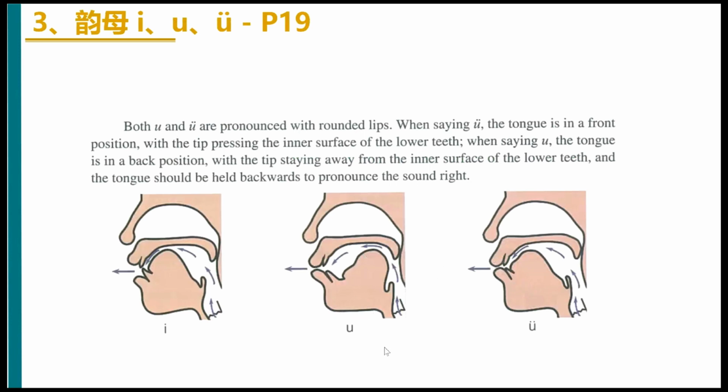And for u, the tongue is in a back position, staying away from the inner surface of the lower teeth. And the tongue should be held backwards to pronounce the sound right, like this. You see this means tongue, and you stay backward. Here leaves a space in the front of your teeth.